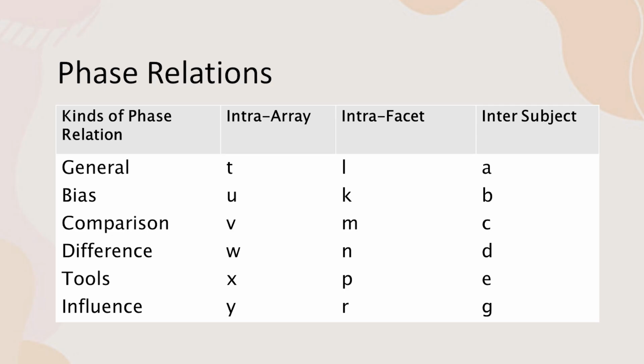Here also we are presenting the notation for different types of phase relation between two subjects, or between the isolates within a facet, or between two isolates within an array of a facet, what different types of notations are to be used, and with this the indicator digit of phase relation, the ampersand, must precede the notation for different types of phase relation whenever we construct the class number.